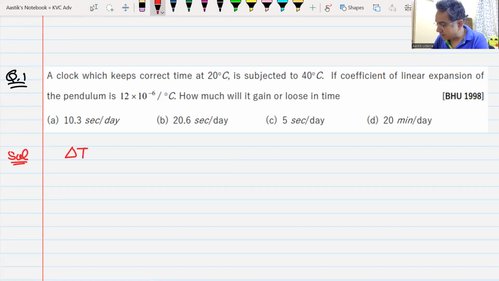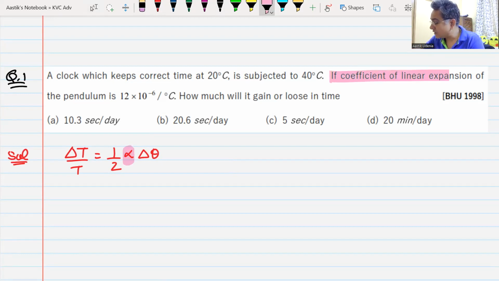We know that delta t by t is half into alpha into delta theta. Do we understand this? We remember this formula, yes or no? Yes, sir. You don't know this term, that's why I'm explaining it. This alpha is known as coefficient of linear expansion.